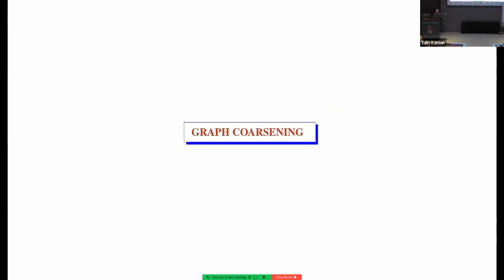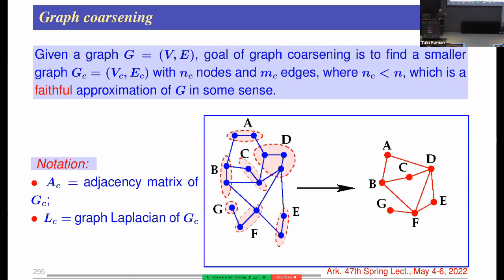It's right here, graph coarsening. This is the last topic that I will cover, and I will cover it a little briefly, but graph coarsening is a very important tool, both in scientific computing, and now it's just starting to be utilized in machine learning.